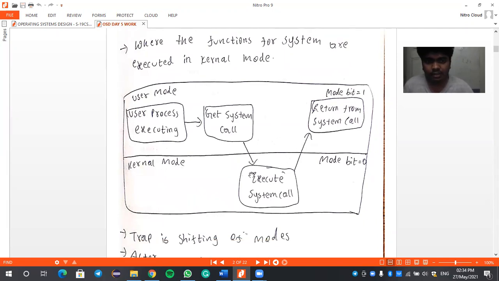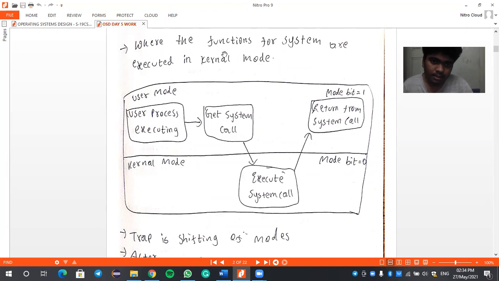Whereas the place where the user can't enter, the restricted place where the system call gets executed, is known as kernel mode. So the whole operating system is divided into two parts.